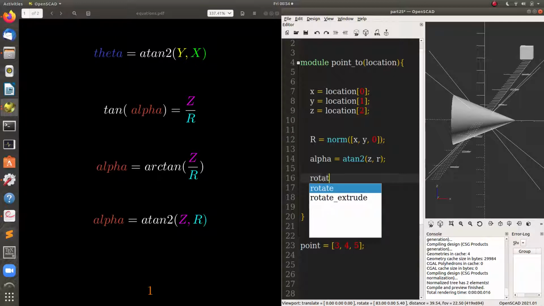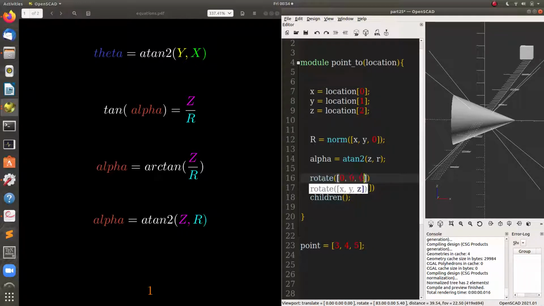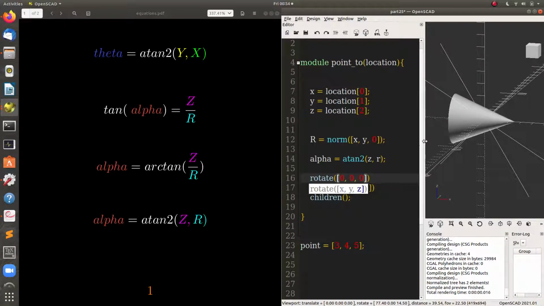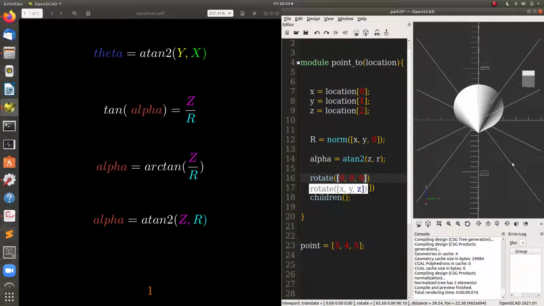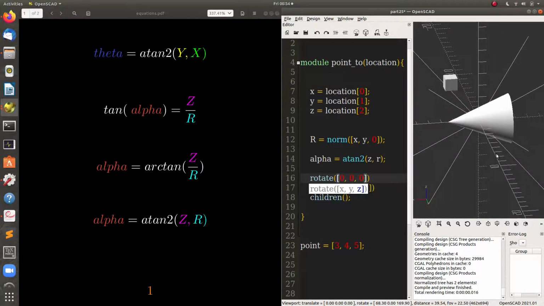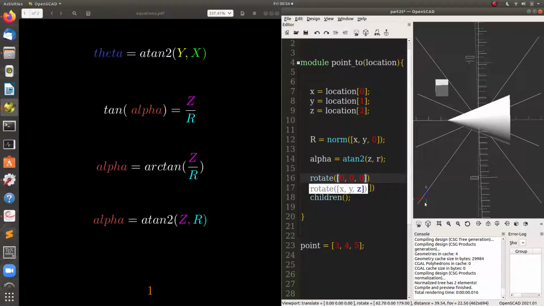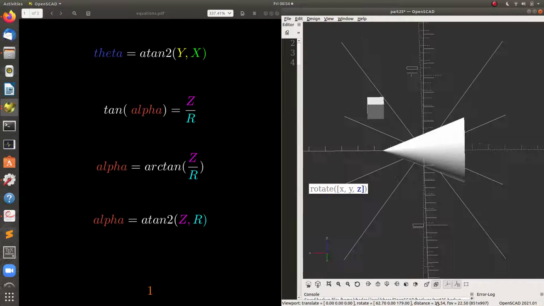So now we can rotate our object. Generally this is how I like to think about rotations in OpenSCAD: if you are looking from the positive direction to your object, so right now let's say I'm looking from the positive y direction, this is the y-axis, here's my object.